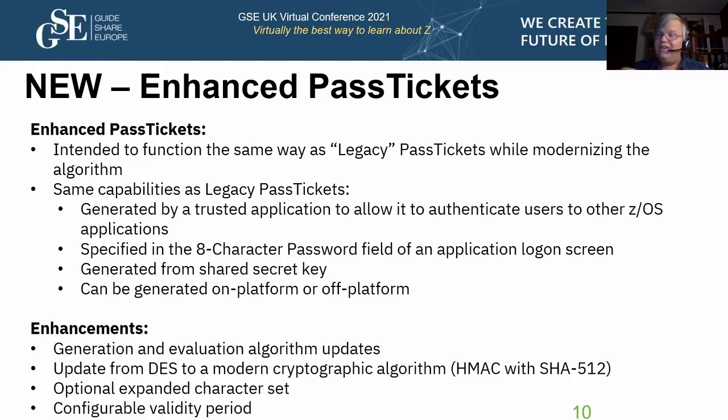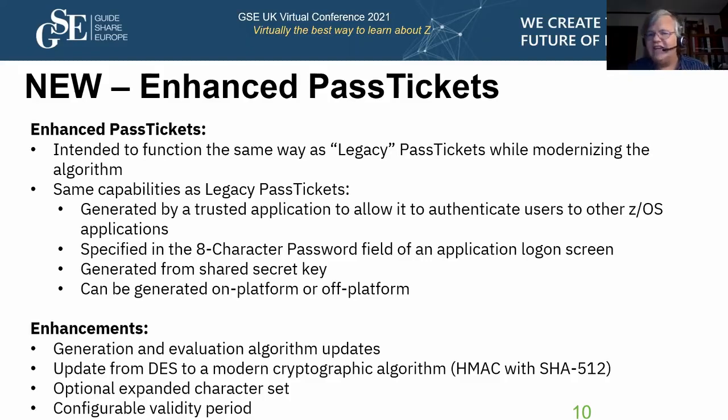We are giving the ability to enhance the character set that's used for a generated pass ticket. A standard pass ticket is kind of like a standard password: uppercase, numbers, things like that. We have the ability to specify, nope, I am supporting mixed case passwords, so I want to generate pass tickets which are mixed case, and you can do that.